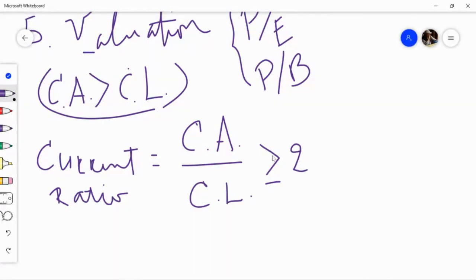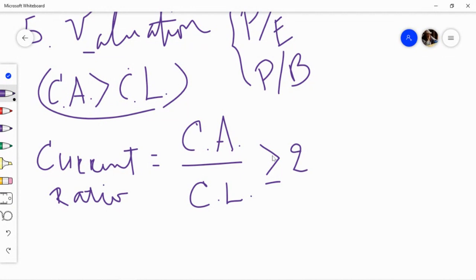Now, if you don't have sufficient working capital, you can't do that. So the point is, it has to be at least 2, right? If this ratio is 2, at least you can meet those short-term payments and still have working capital left, which is still the size of the current liabilities.